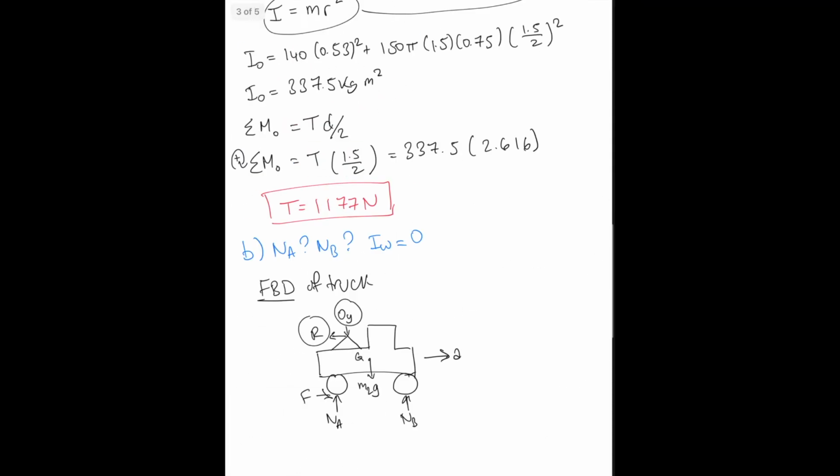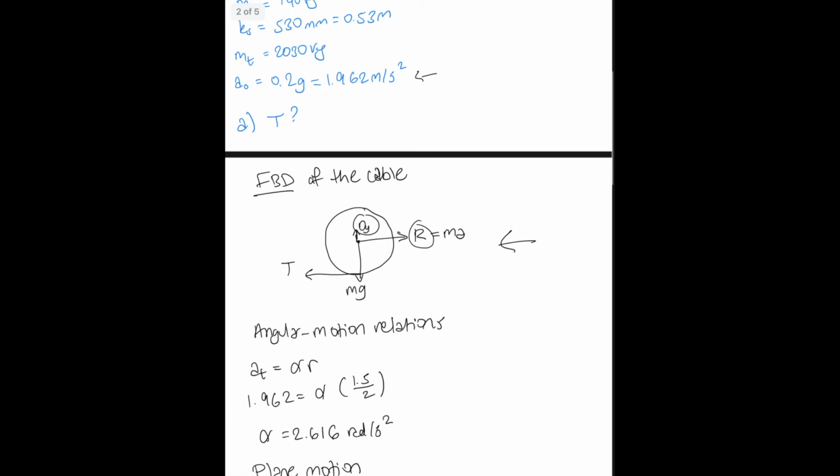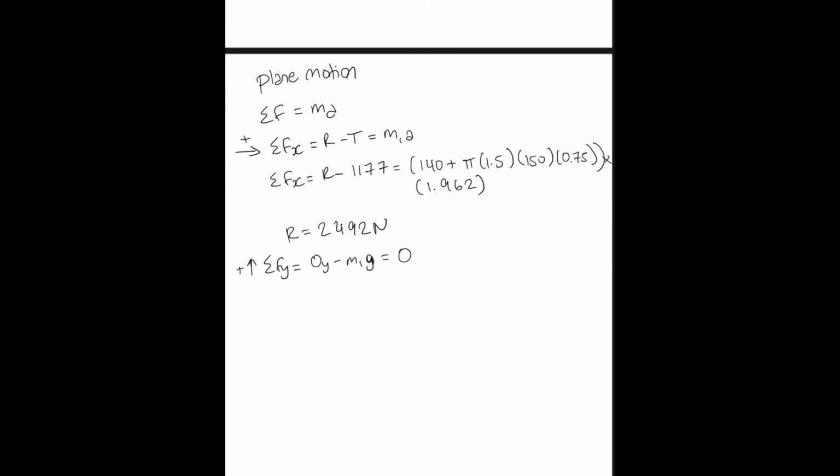We're going to do the same thing, but in the Y. So sum of forces in the Y, based on this free body diagram, is going to be OY minus M1G, which is going to be 0 because acceleration is 0 in the y direction.